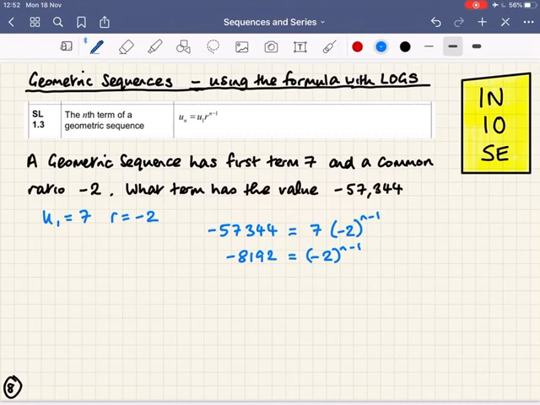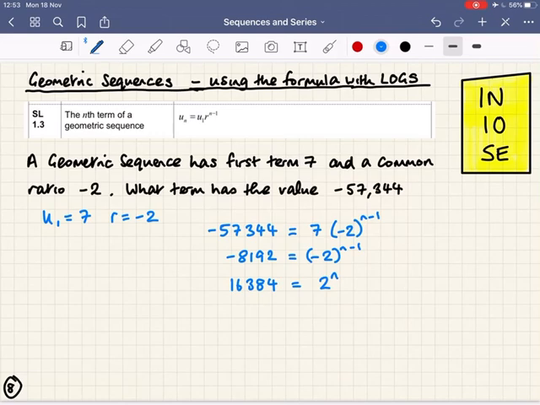So if I multiply both sides by minus 2, then I get 16,384 on this side. And you can see that would make my minus 2 now to the power of n, because I've multiplied it by minus 2 again. And minus 2 to the power of n is going to go positive. It's going to be 2 to the n, because I've just multiplied by minus 2.